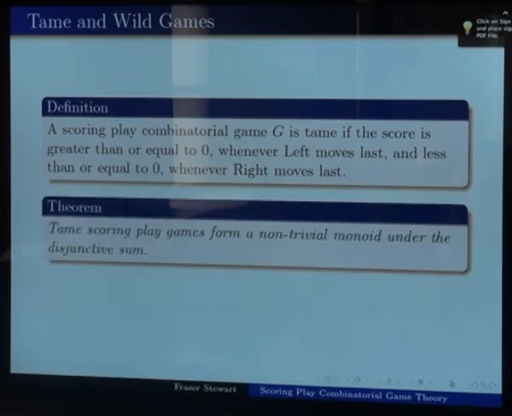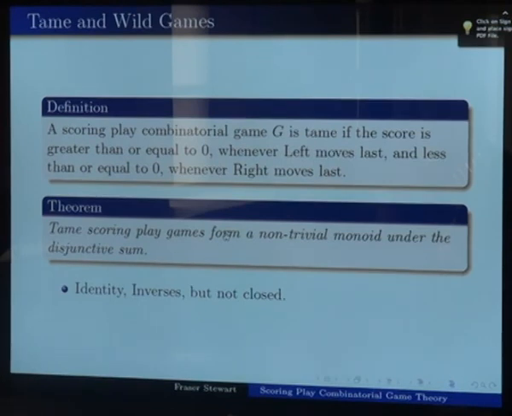What does this set look like? Well, it's a monoid, but the problem is it's not a group. It has identity and inverses, but the set is not closed. You can have two such games, and when you play the disjunctive sum, you get a game which is no longer in the set. So this can't really work as an embedding for combinatorial games.